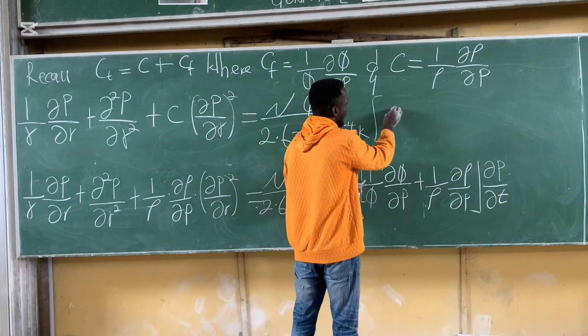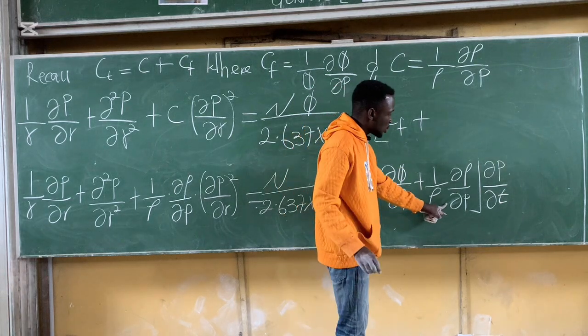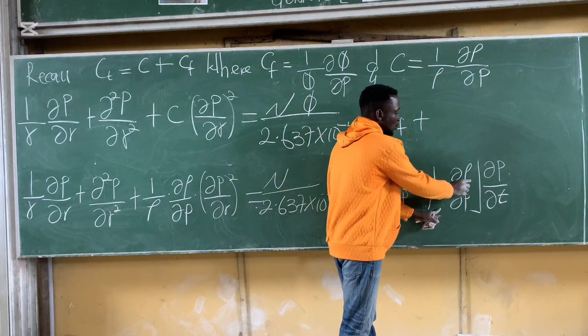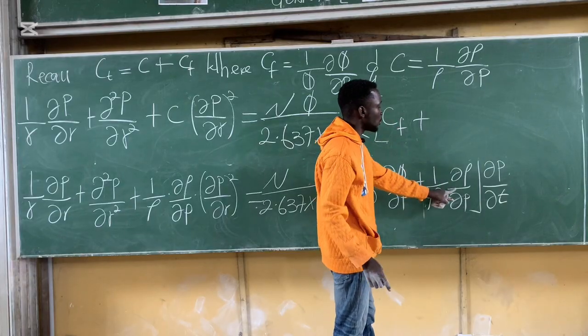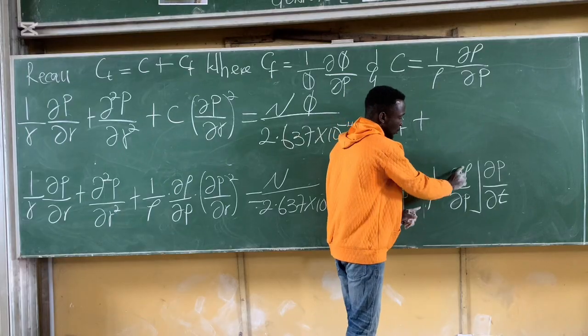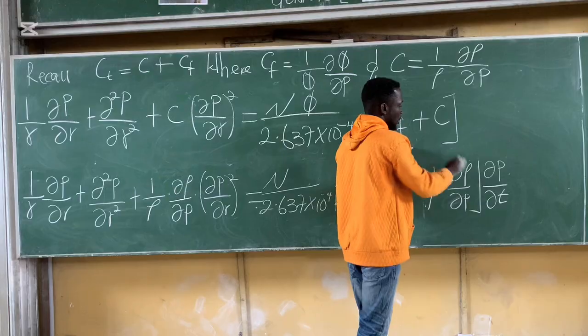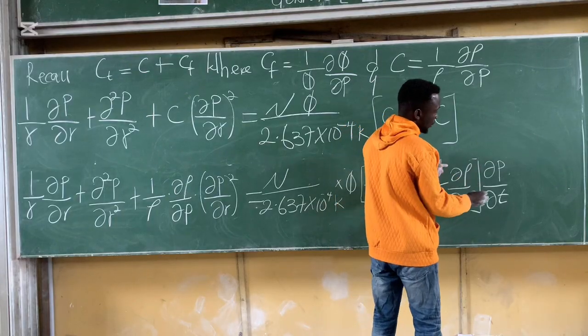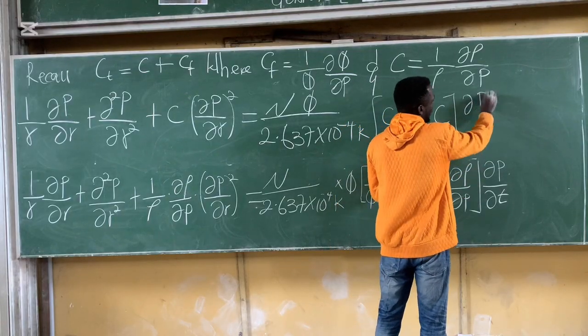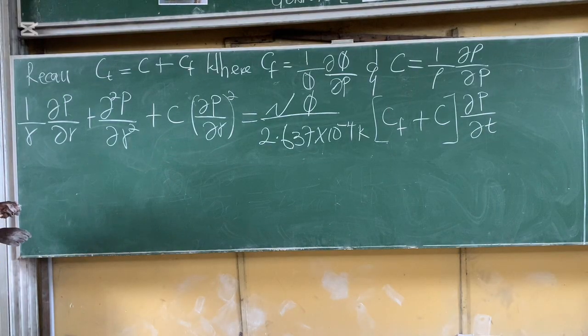So here we are going to have C_f plus. Look at this point, you have 1 over ρ dρ/dp. And we said that 1 over ρ dρ/dp is our what? C. So we can simply substitute C in place of 1 over ρ dρ/dp. So this will give us C. Close this bracket, and we are going to have dp divided by dt.